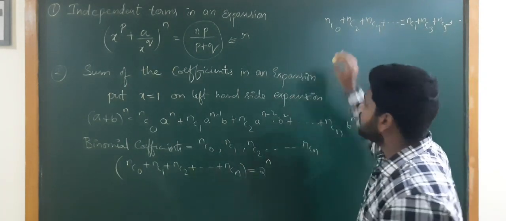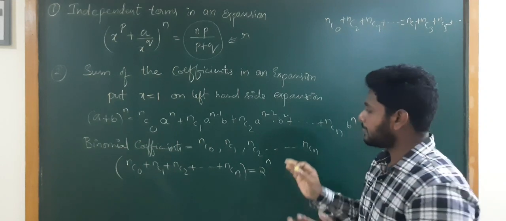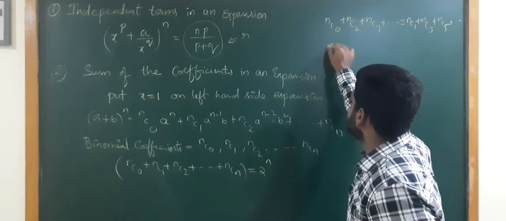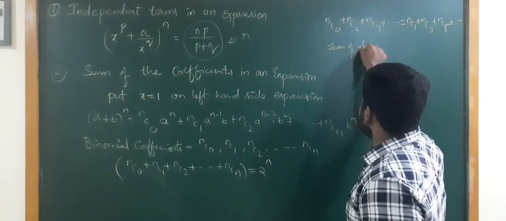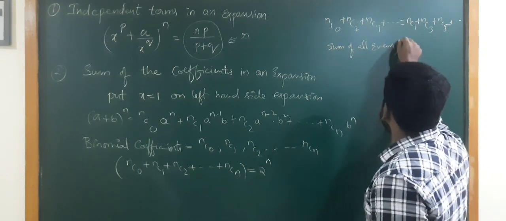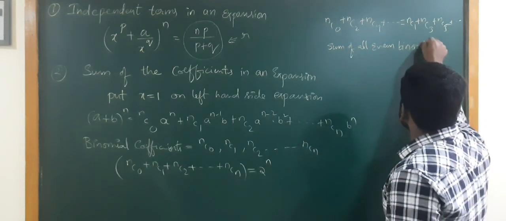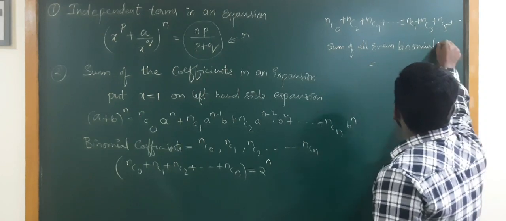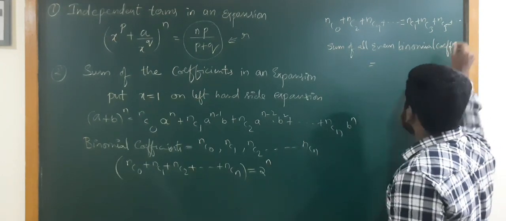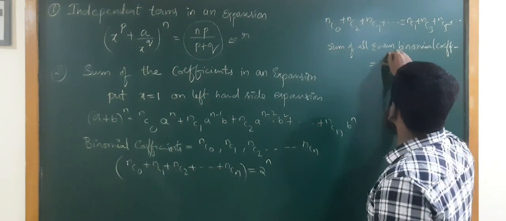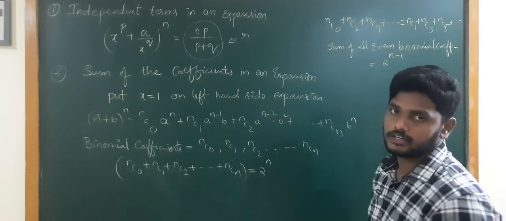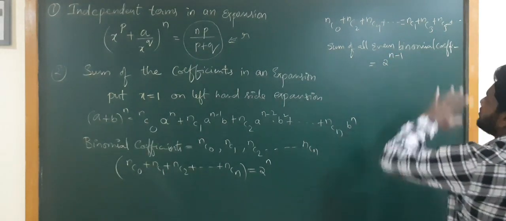Now, if you want to find only the sum of even binomial coefficients, the sum of all even binomial coefficients is equal to 2 to the power of n minus 1. Why 2 to the power of n minus 1?